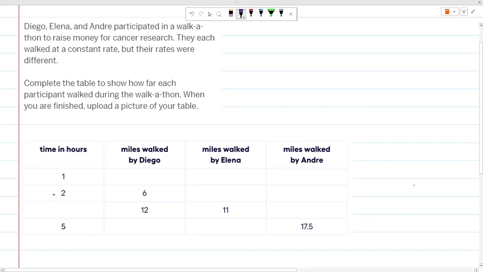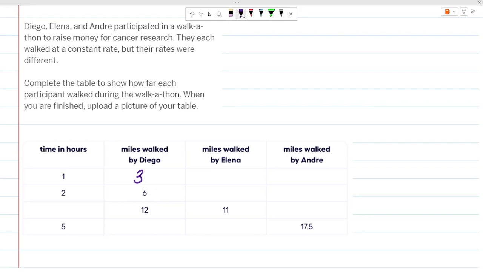Well, since 2 divided by 2 is 1, we can divide 6 also by 2, and we'll get an equivalent ratio. And what is 6 divided by 2? 3. So Diego walked 3 miles in 1 hour.